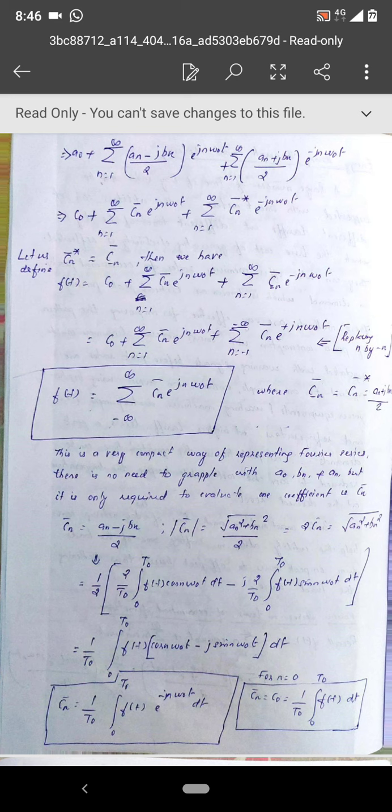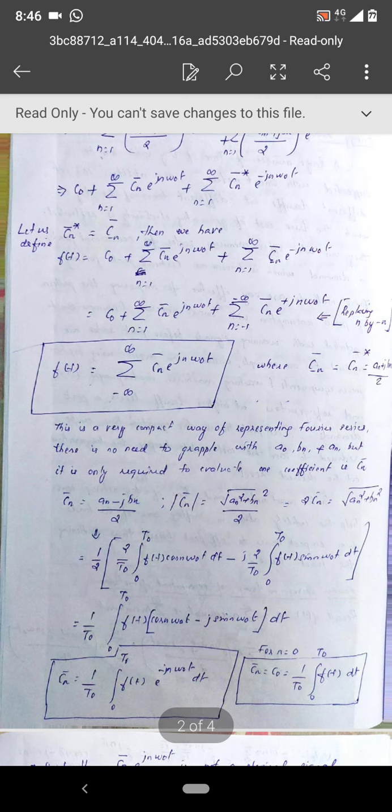For that we have Cn bar is equal to an minus jbn by 2, and from the first series we know an is 2 by t naught, integration from 0 to t naught f of t cos n omega naught t dt, and bn is 2 by t naught, integration from 0 to t naught f of t sine n omega naught t dt. You substitute that for an and bn, and outside you have minus 1 by 2.